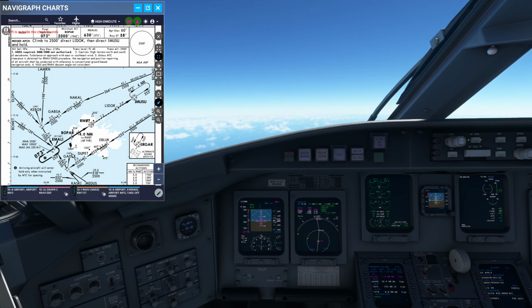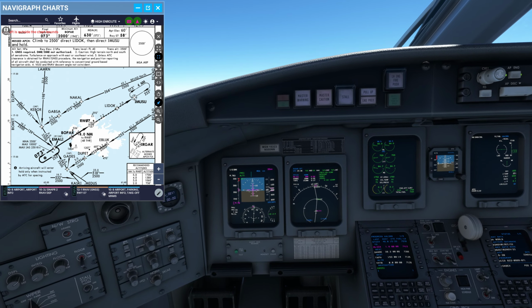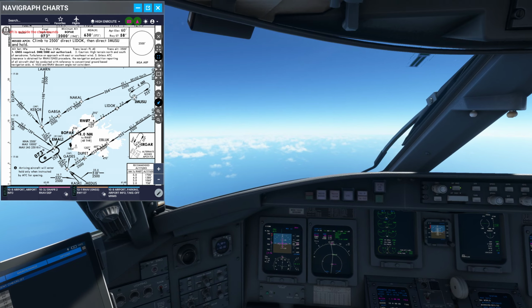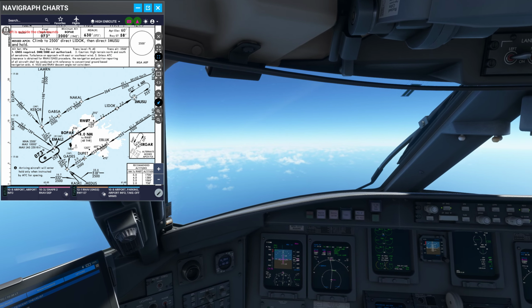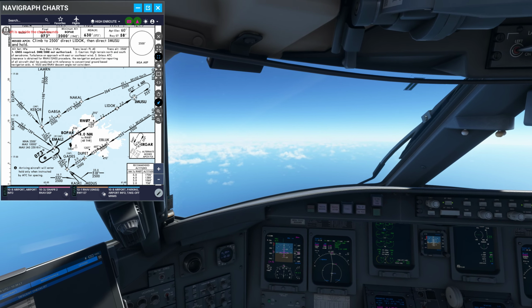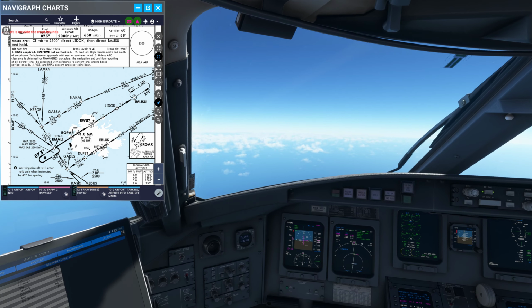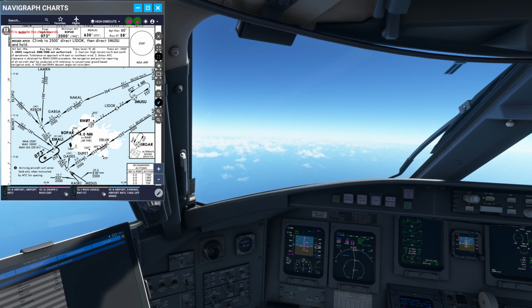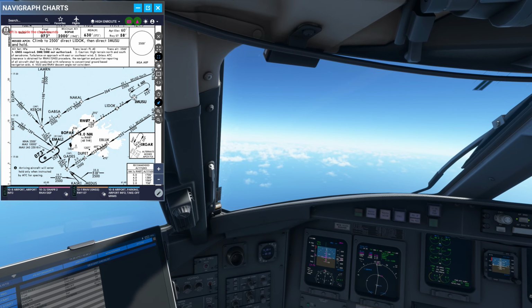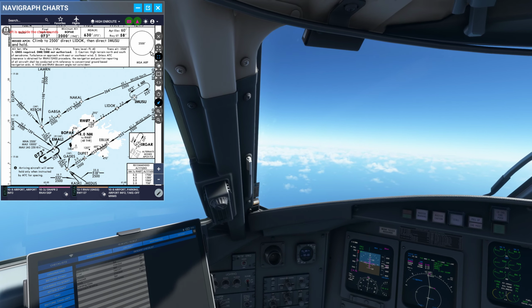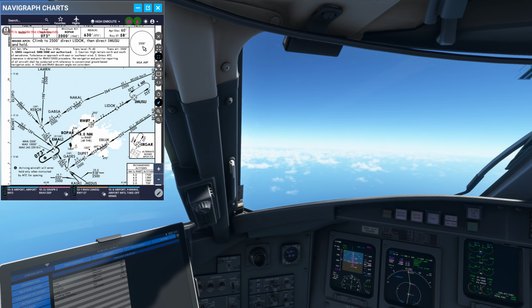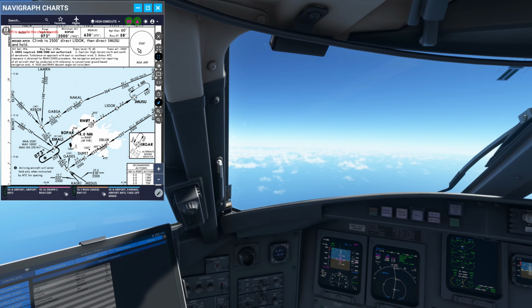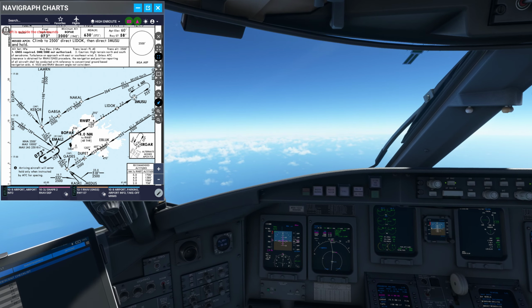Now, what's the point of a minimum safe altitude? The point is if you encounter some sort of problem, an engine problem, an equipment malfunction, whatever the case may be, and you're trying to keep the airplane dirty side down, what this tells you is if you stay at 2,500 feet or above, you're not going to hit anything, right?